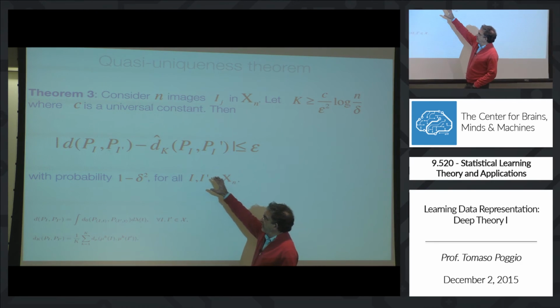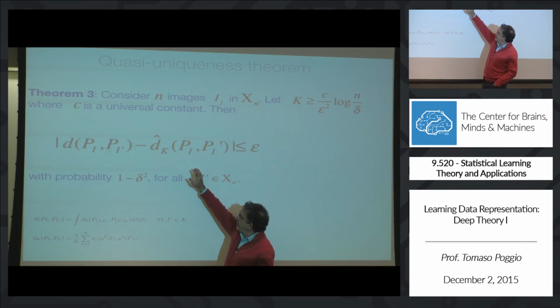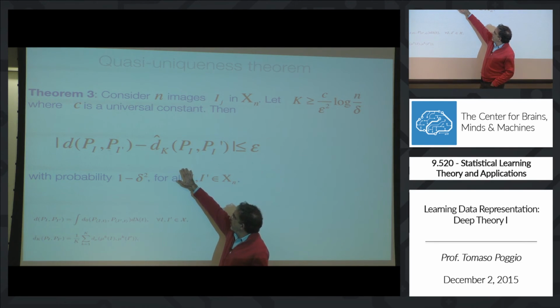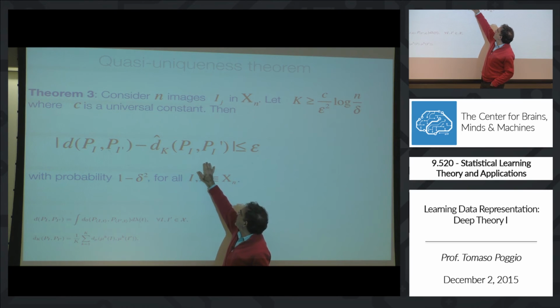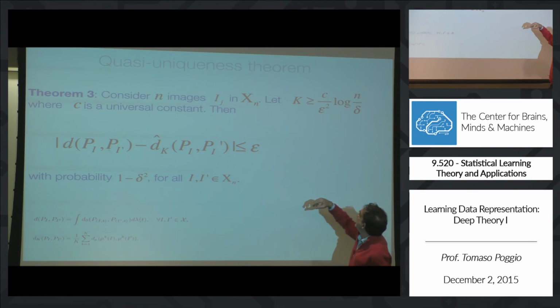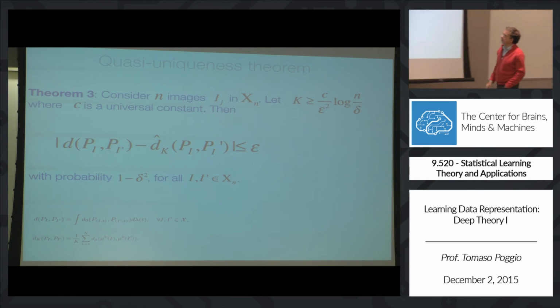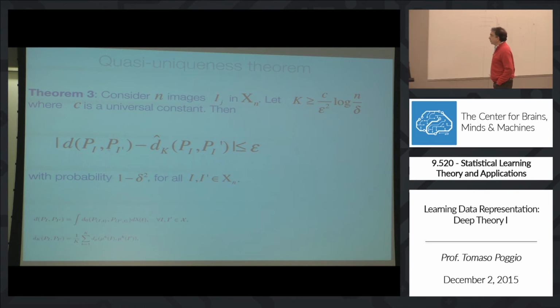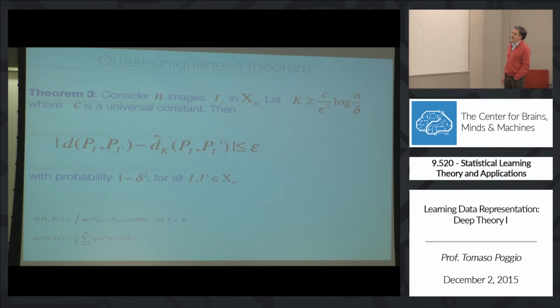I'm not saying exactly what this is, but it says that I can replace this high-dimensional probability distribution with k dot products, with k one-dimensional histograms of the dot products with templates.